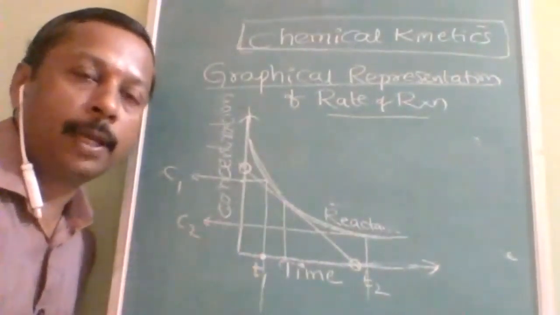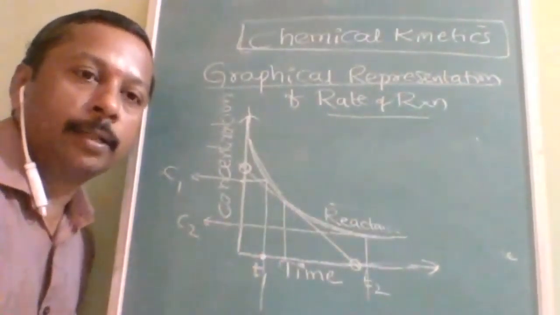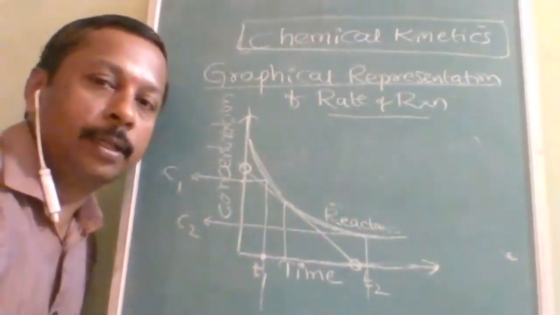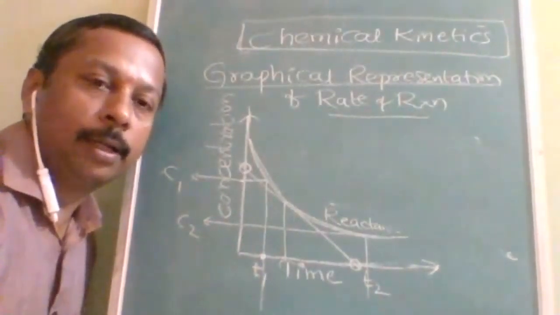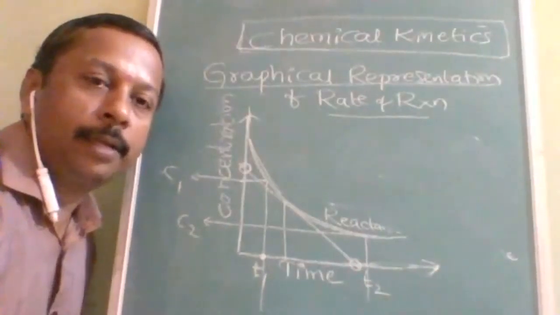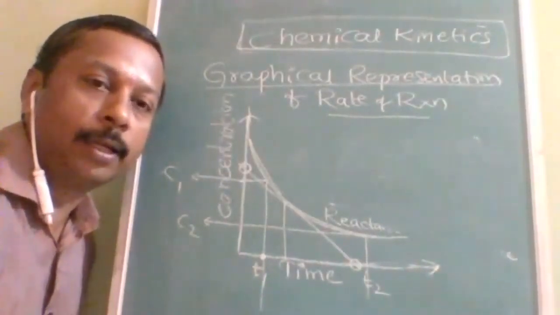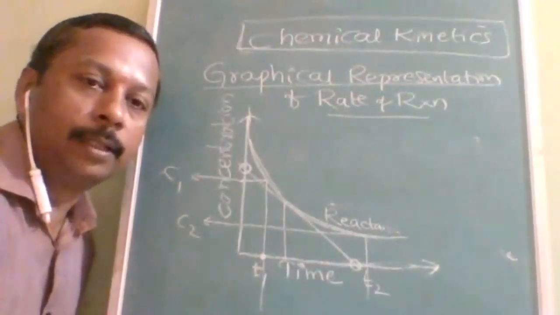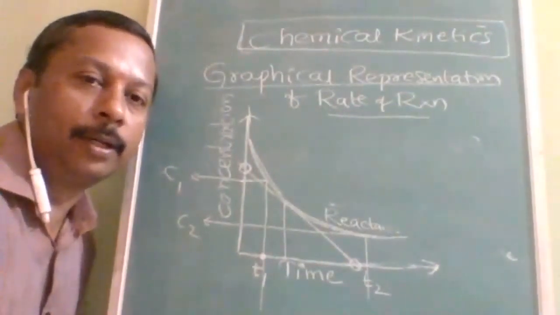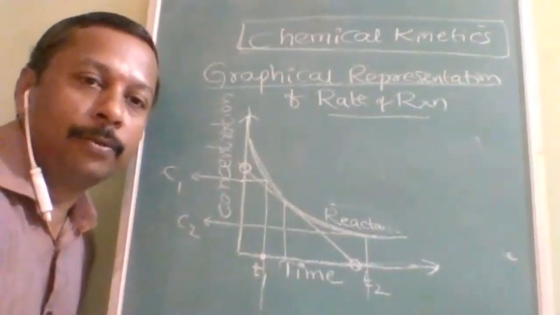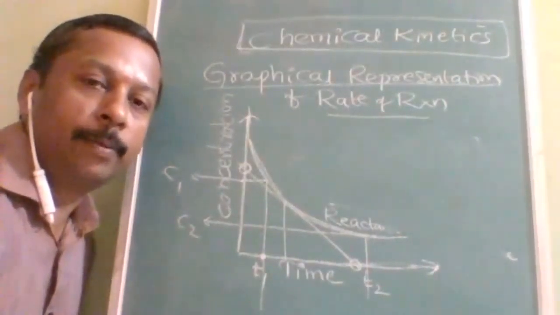Instantaneous and average are like this: somebody asks what your marks are, and you say, sir, this week I got less marks. Then they ask, so what is your average? Then they say, okay, that week you were not well, or that chapter was difficult, that's why you got less marks. So the average will give you the correct information, because life is up and down.